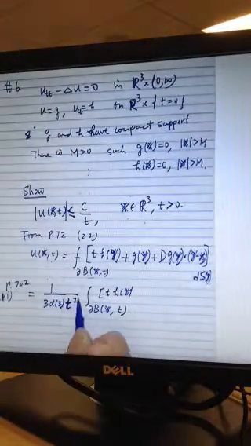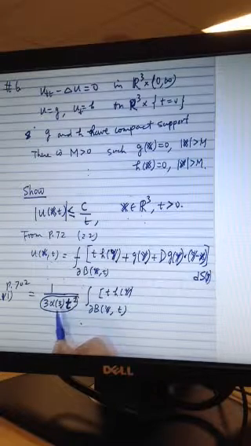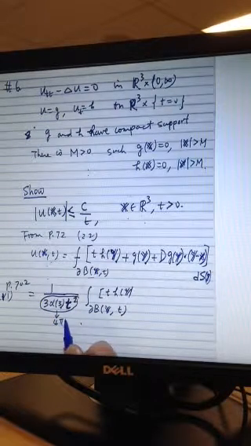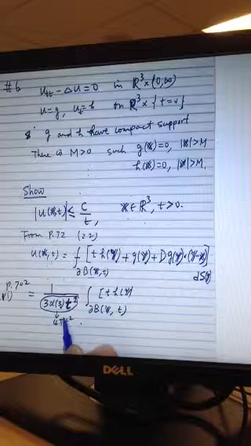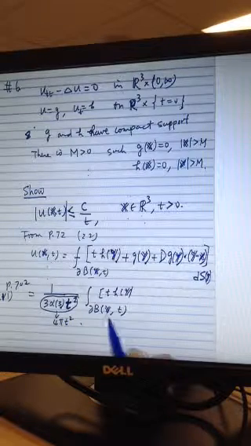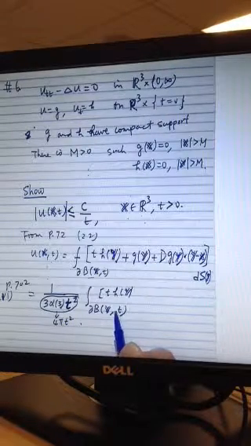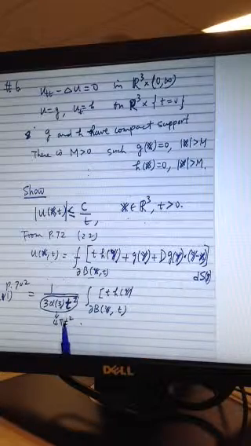So this whole number is really 4 pi t squared, because this is the surface area of a ball with radius t.